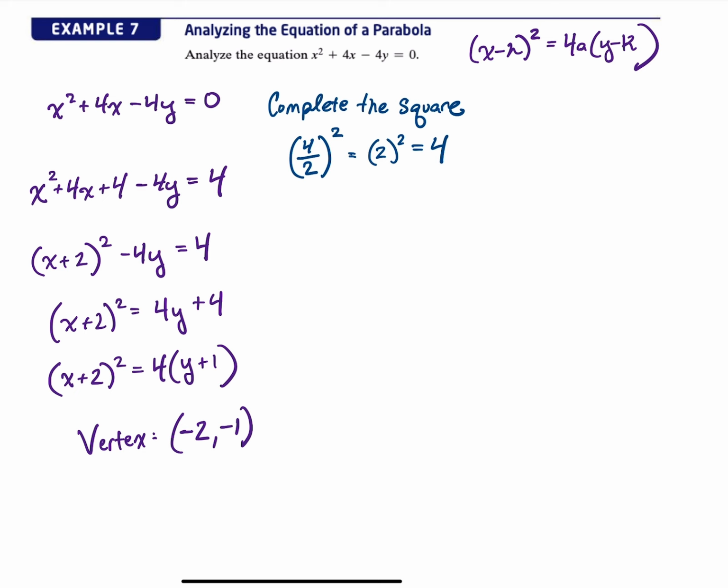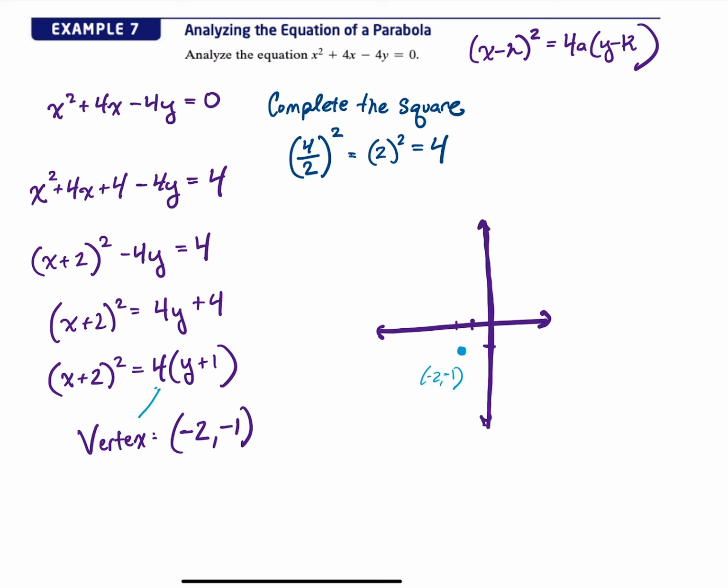So where should our focus and directrix be? Maybe it's helpful just to start to visualize this. We can plot our vertex point at -2, -1. Okay, -2, -1. So down here. X is squared, so that means this is going to open either up or down.